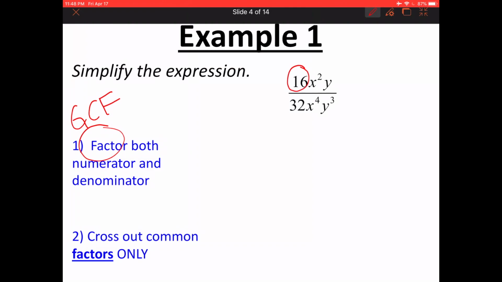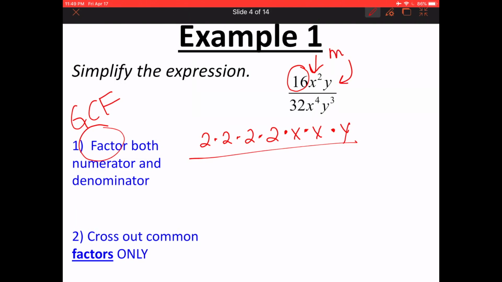So instead of 16, I'm going to put 2 times 2 times 2 times 2. Instead of x squared, I'm going to put x times x, and I'll just put my y there. Remember, everything has invisible multiplication. All of these terms are being multiplied in both the numerator and the denominator.